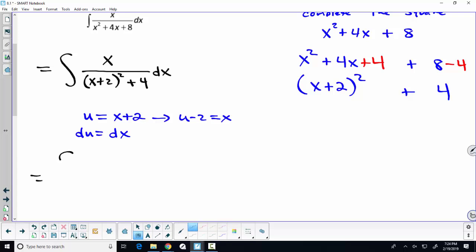So let's see. I mean, it doesn't look that much different, right? That's log.